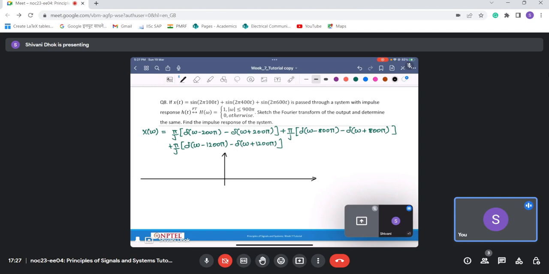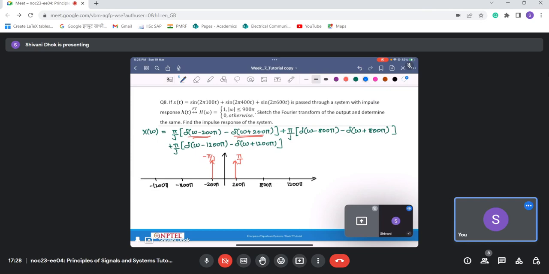We basically have impulses located at 200π, 800π and 1200π, and similarly at −200π, −800π and −1200π. Looking at the first factor, δ(ω − 200π), this impulse is located here and takes the value π/j. The factor δ(ω + 200π) has a negative sign, so it is at −200π, with a scaling of −π/j.